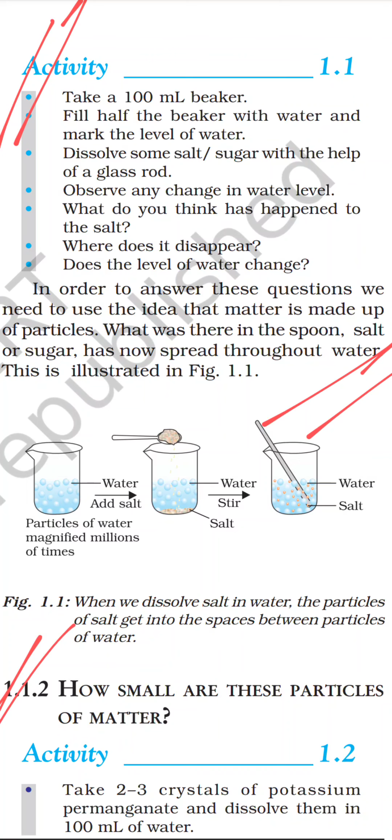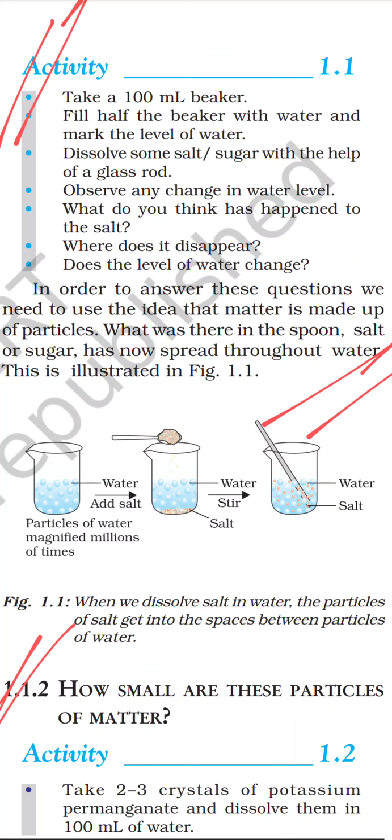Water, add salt by spoon. Water stirred with glass rod. Then water and salt are mixed. When we dissolve salt in water, the particles of salt get into the spaces between particles of water.